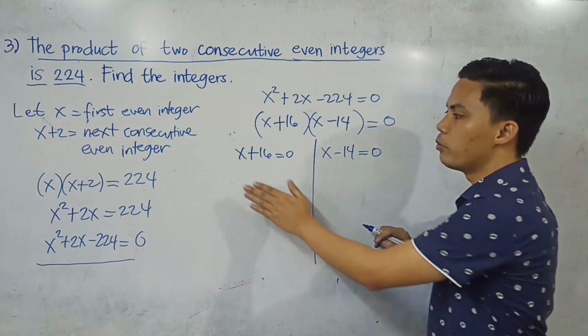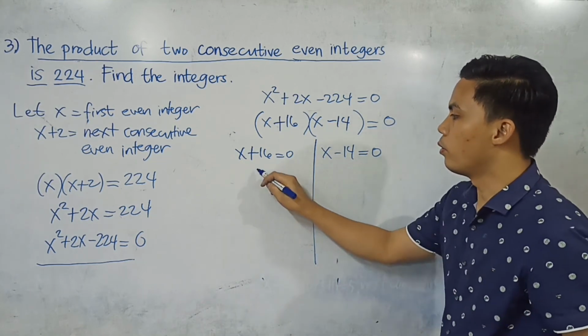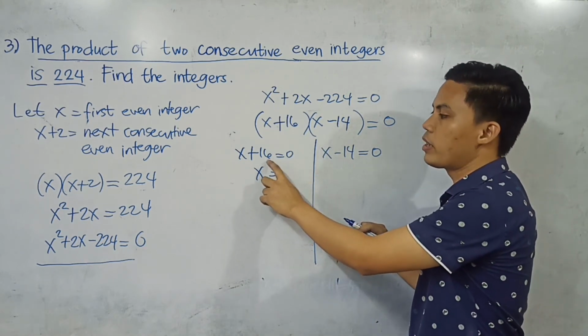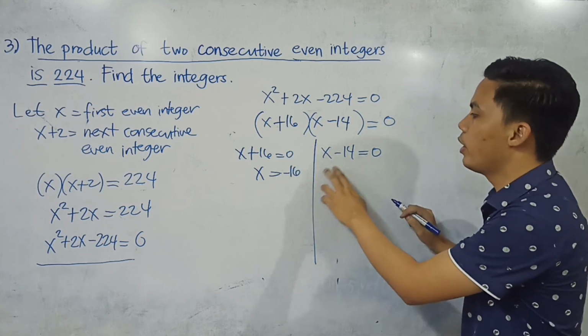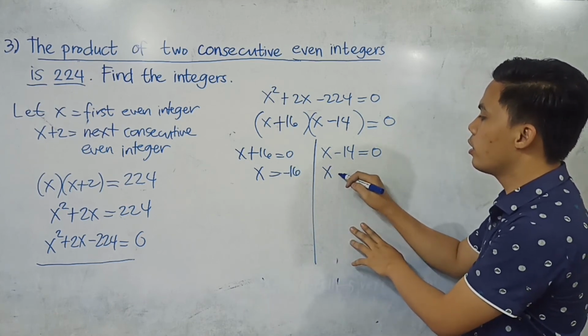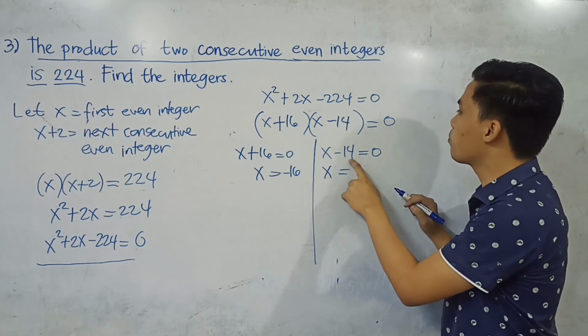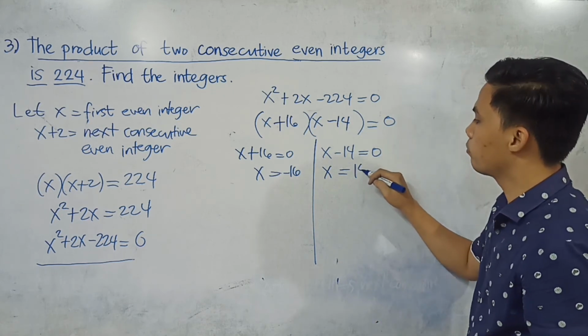Okay. Dito muna tayo sa first factor. Let us solve for x. So, x is equal to, i-transpose natin si 16. Yung positive 16 magiging negative 16. Okay. Next, x is equal to yung x minus 14, yung negative 14, i-transpose natin sa right side ng equation, magiging positive 14.